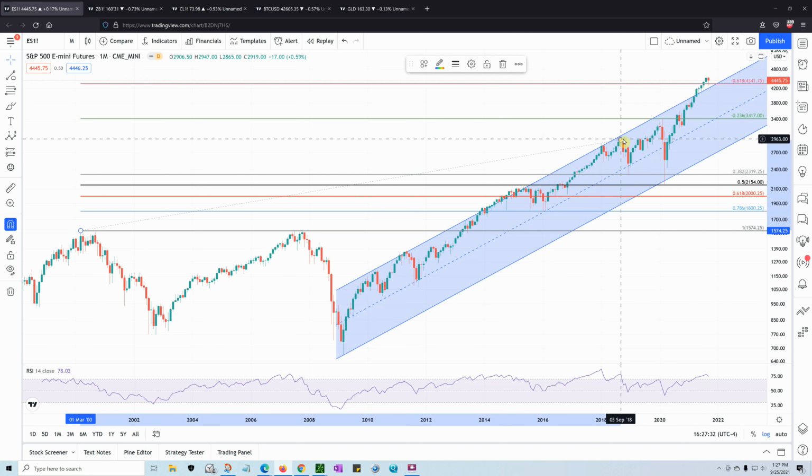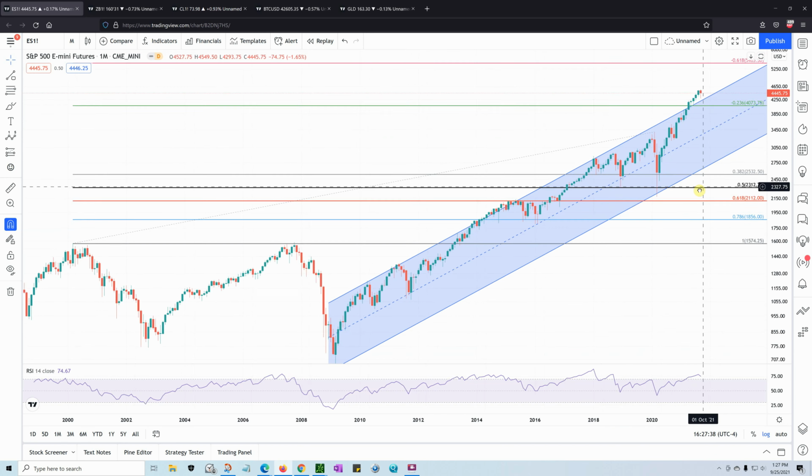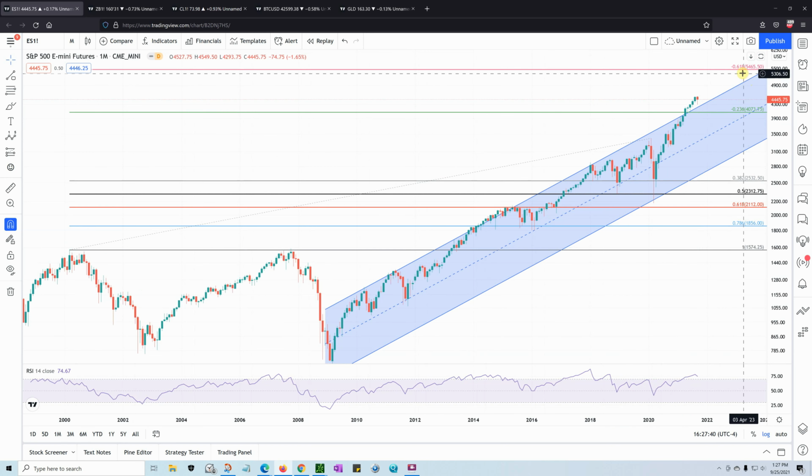So if you draw it to this high, it still doesn't dip in. The issue with this is that it gives us a target way up at 54.65. I mean, it's not impossible that this is actually what's trading. I'm just a little bit skeptical that we could get up there. But this is worth keeping in the back of your mind.